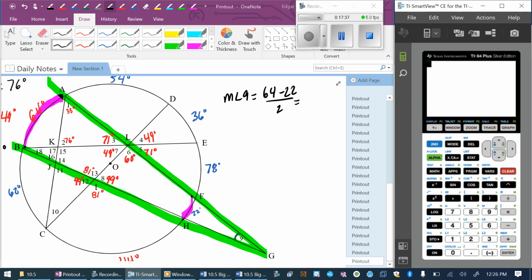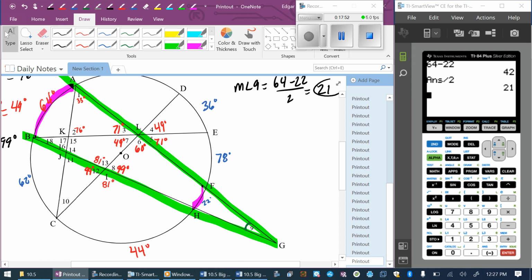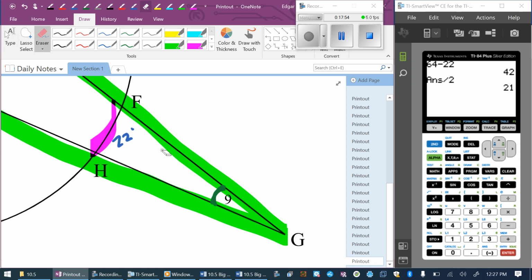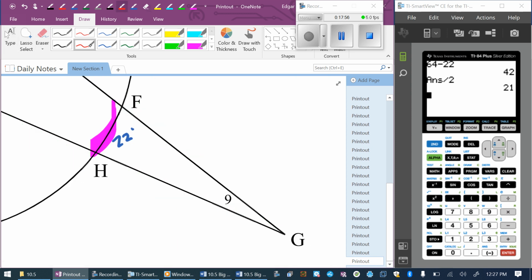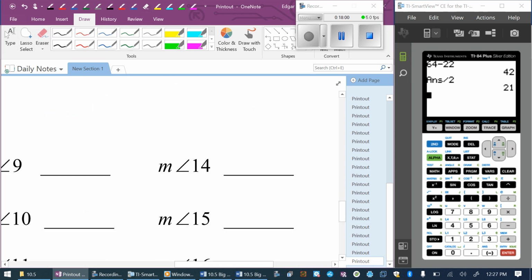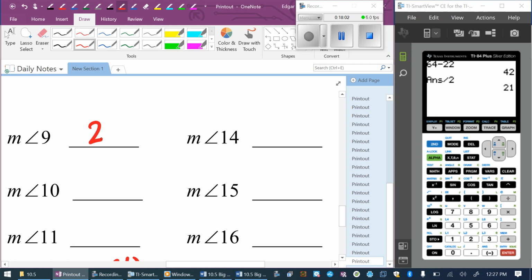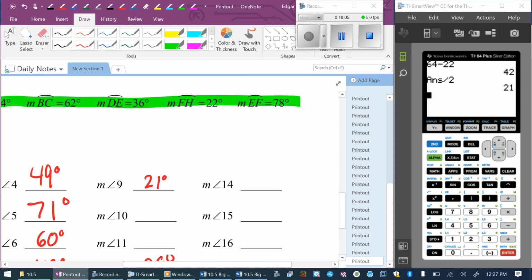So let's give it a shot. 64 minus 22 is 42, and 42 divided by 2 is going to give me 21. Whoops, 21 degrees. So I just found the measure of angle 9. It is 21 degrees. And we're good to go there, so let me write it down. 21 degrees.